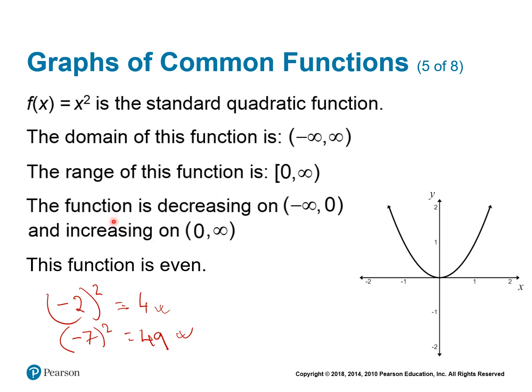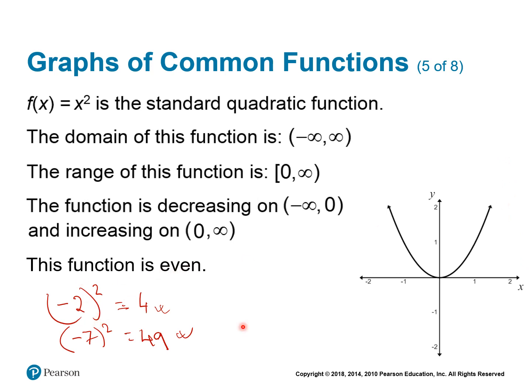So this means that the function is decreasing on minus infinity comma 0, and these refer to the interval along the x-axis, and it increases as we move from 0 towards infinity along the x-axis. All right, it will keep increasing as we move from left to right along the x-axis.